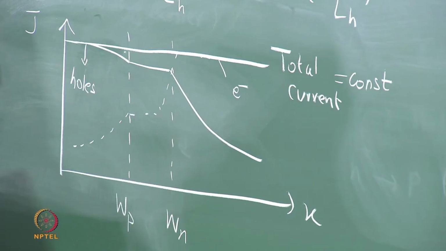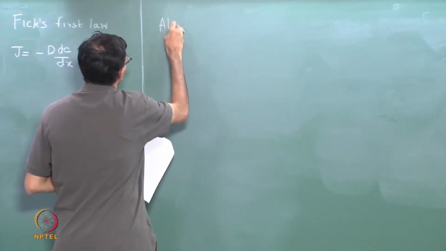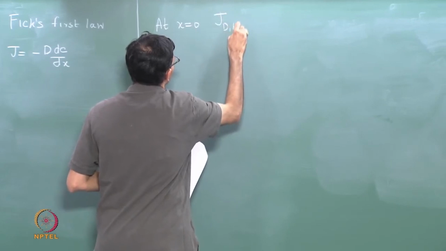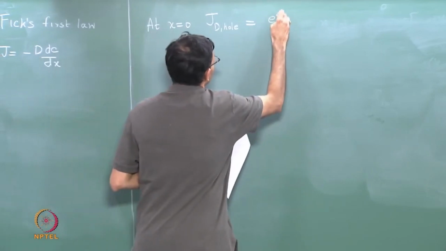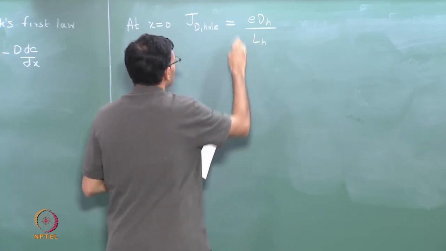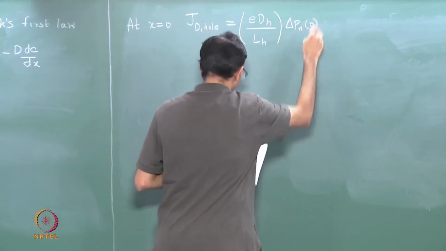So we can evaluate the value of the current at x equal to 0 so that we can have a simpler expression. So let me do that next. So I can write down the value of the hole current at x equal to 0. Nothing but E dH over LH delta Pn of 0.